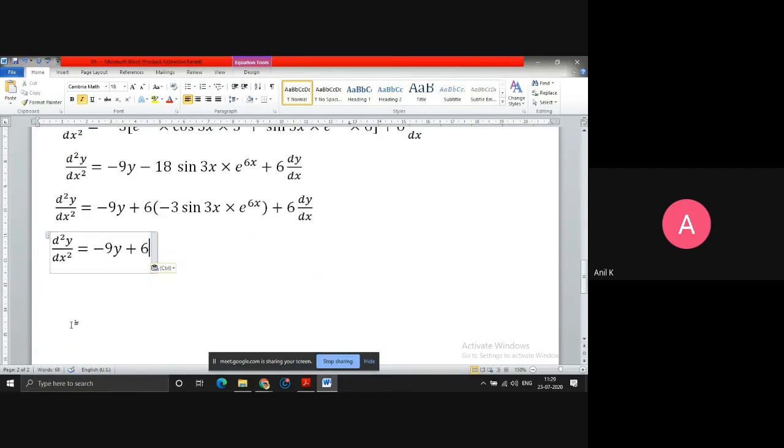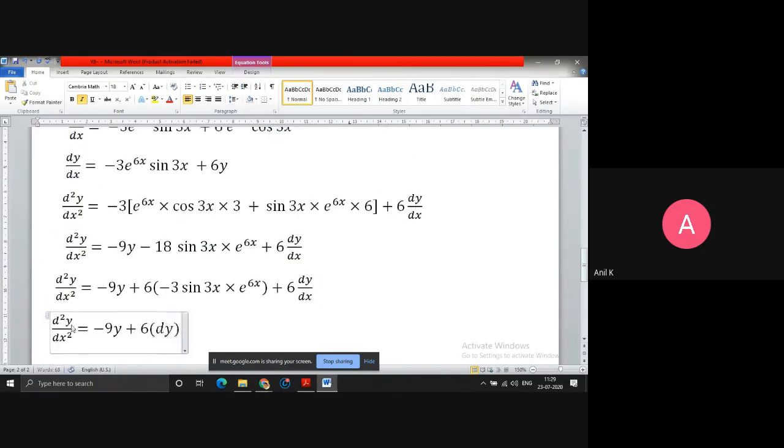It's not necessary, but I want to show you that if some questions require it, then you must be able to derive dy by dx. It will come minus 6y will come. Then plus 6 into dy by dx.